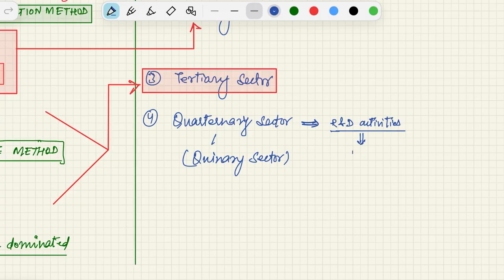We'll say no, not counted in national income. Why? Because data is not available for the quaternary sector, that is, high class research and development activities.